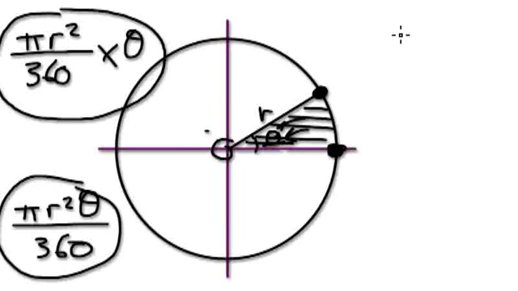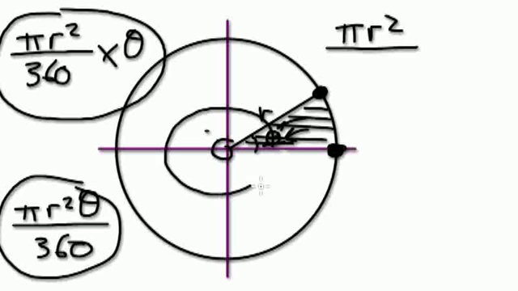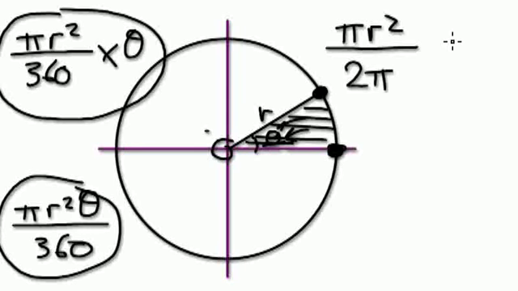If you work in radians, it would be this. Work out the area of the whole circle, which is pi r squared, and then split it through one whole revolution, which is 2 pi here, and then get this many pieces here, if you like.